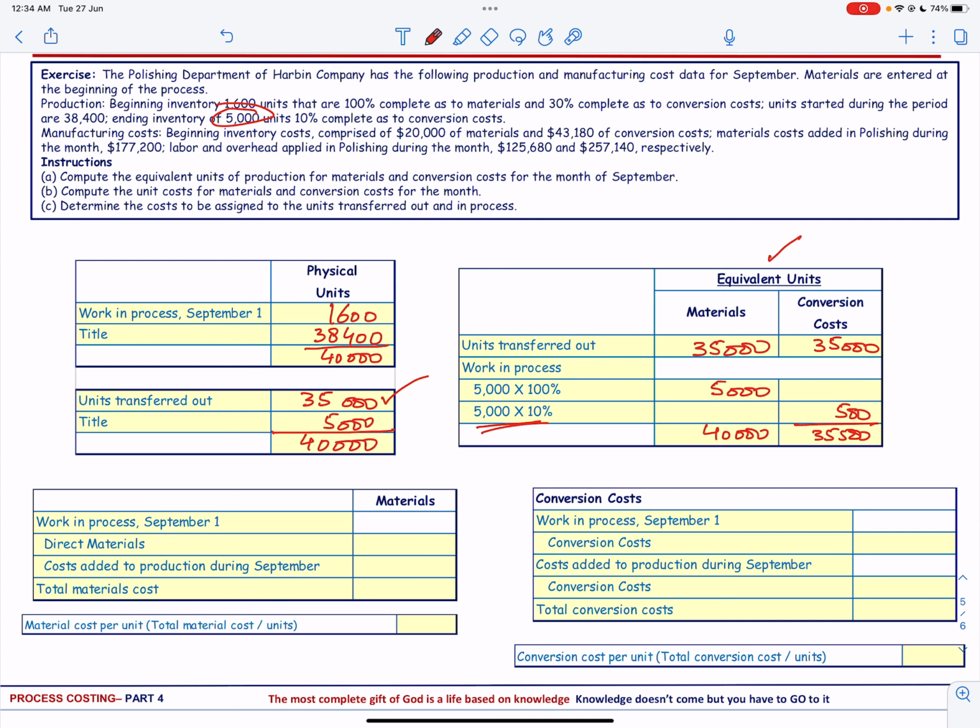Next, we move further and we look into the materials, and the work in process on September 1st is direct material, and direct material that is given to us is 20,000 of material. Then to this we are going to add the cost added to production during the month of September, and that is 177,200.